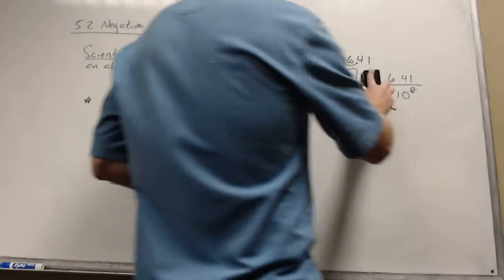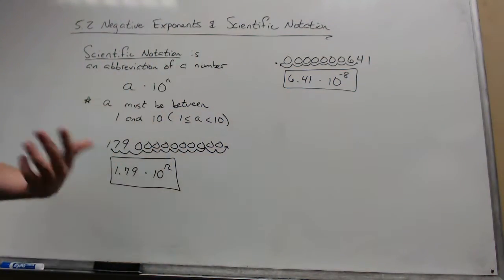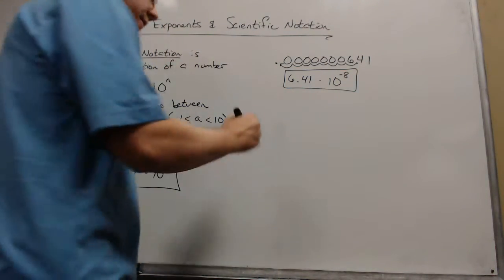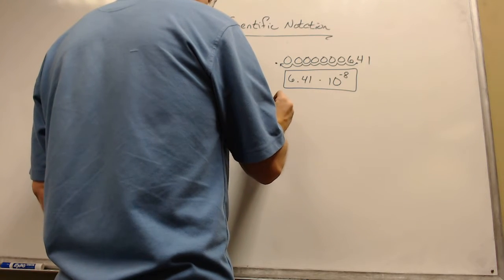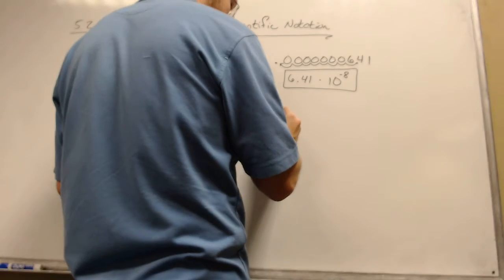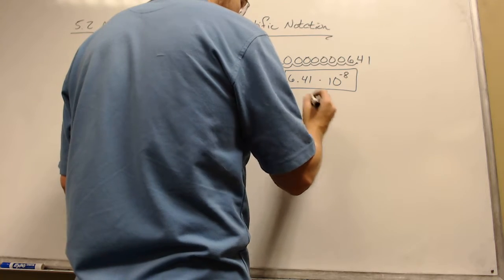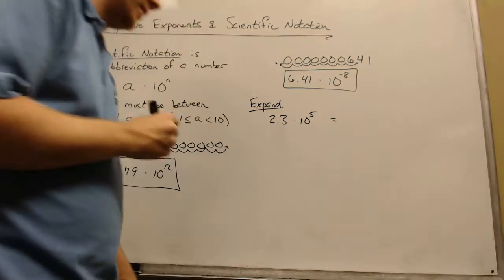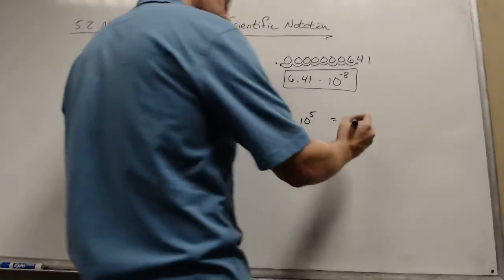Okay, so right, we can write really large numbers and really small numbers. We should also probably be able to do it in reverse. So let's expand. If I wanted to write this number in expanded form, 2.3 times 10 to the 5th, well, that's not a big deal.